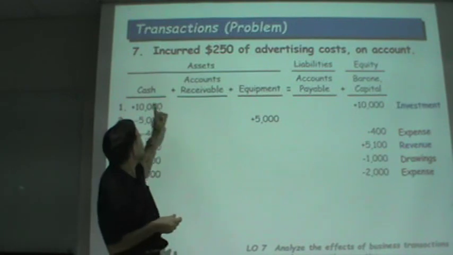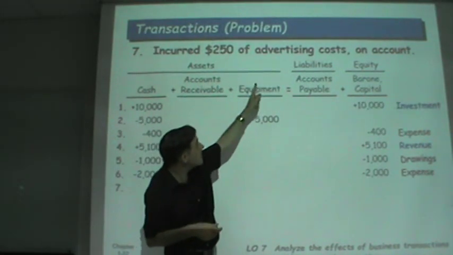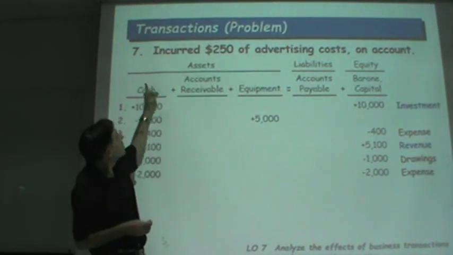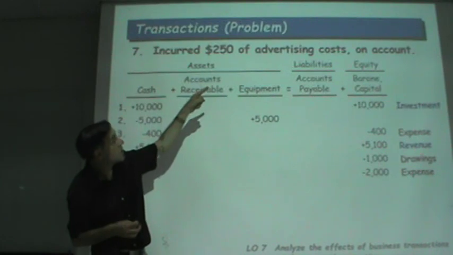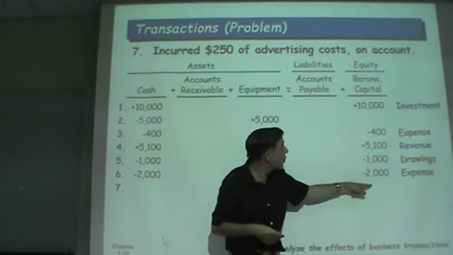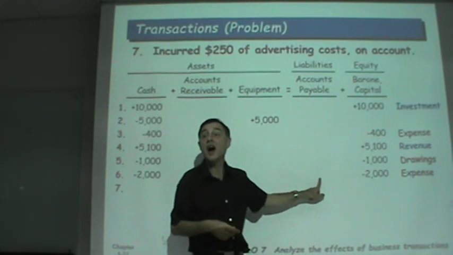Let's make sure. Incur advertising costs. Oh no, this is expense. Yes, expense means that incur advertising cost on account. It's an expense. So this one will be going down. And this one will be going up.